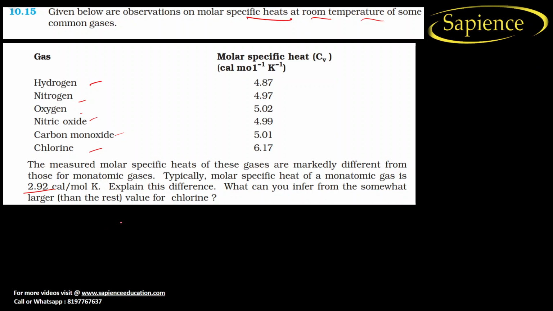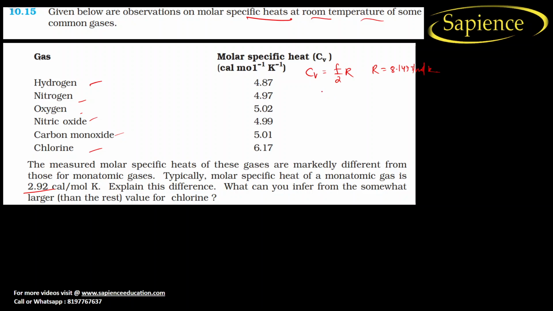See, if we think about a monoatomic gas, what do we know about Cv for the monoatomic gas? Let us know the formula to find Cv for a gas. So Cv will be equal to f by 2 into R. The value of R is approximately 8.314 joule per mole Kelvin.